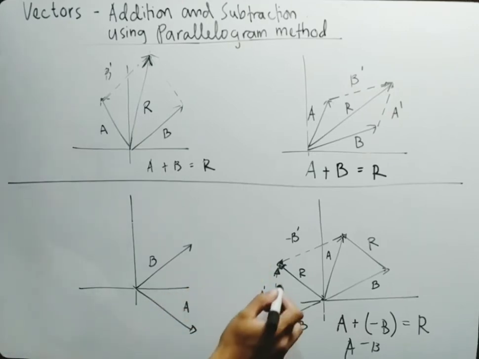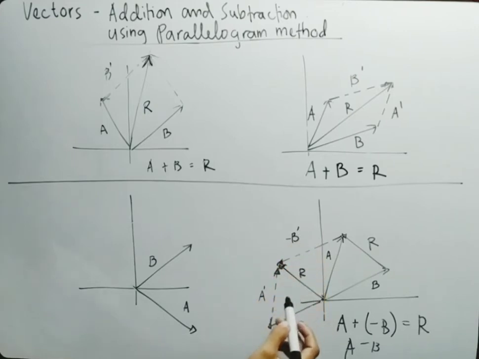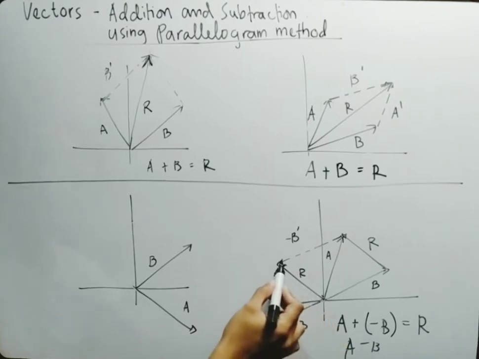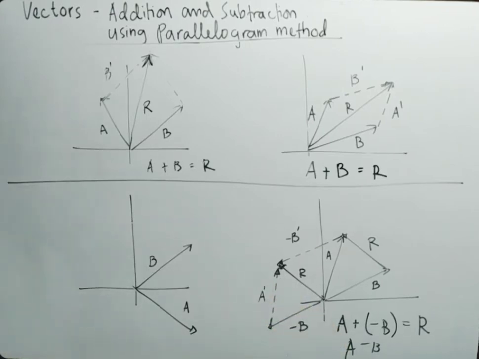So where negative B prime and positive A prime now meet, you will draw a line from the origin going to that common point. Then that would be the resultant vector R. That would be the length and that would be the direction.